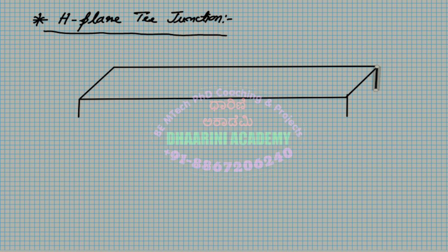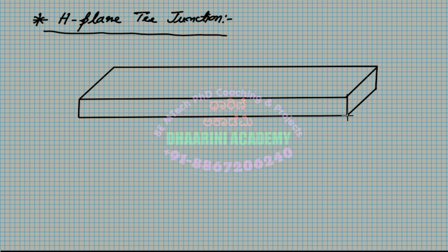From one side, we'll call it port number 1. Normally we assume that power is fed from there. This is the main waveguide, and from the middle I'll take out one portion.